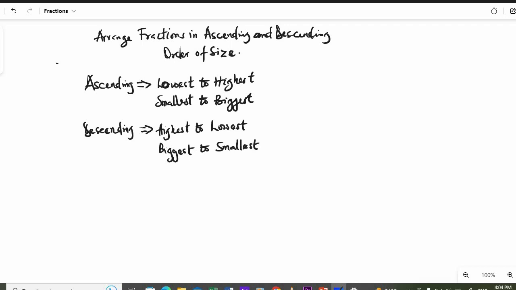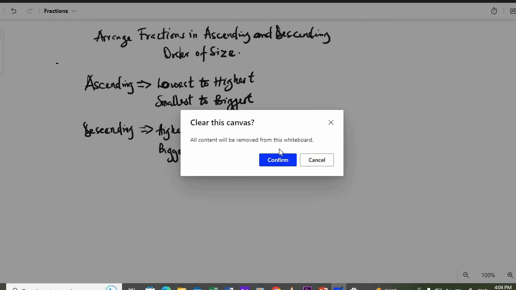Alright, so let's look at a couple of examples, right? And see how we can do this. Now, example.